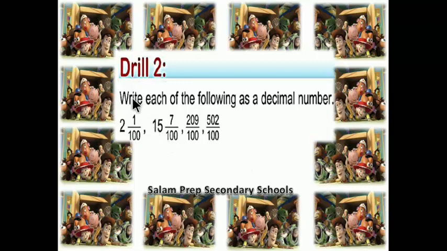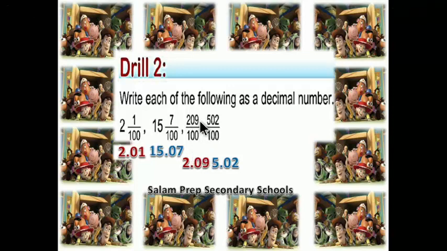Drill 2. Write each of the following as a decimal number. These two are mixed numbers, okay? But these are improper fractions, okay? In improper fractions, please write 209 first.